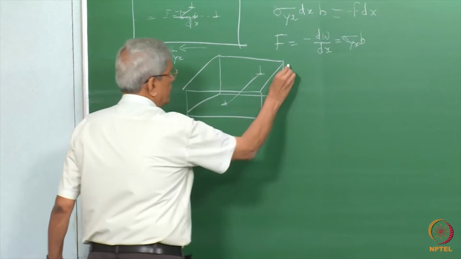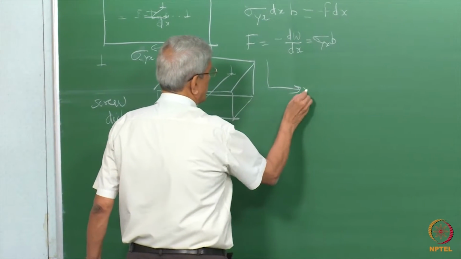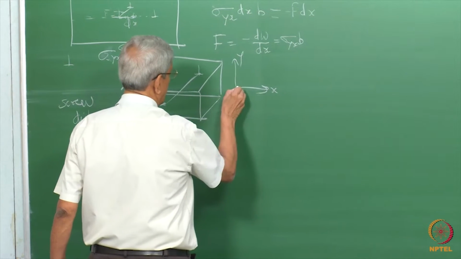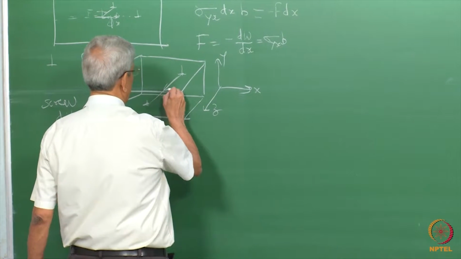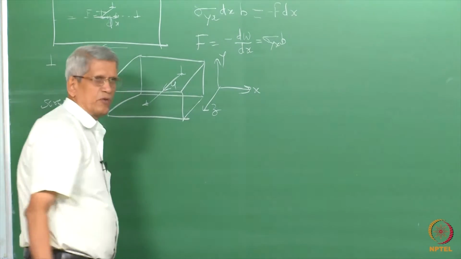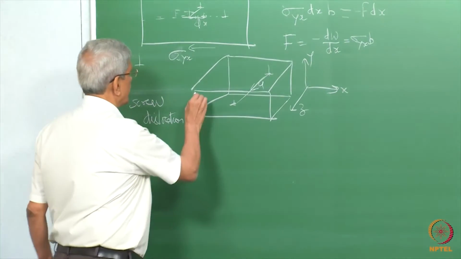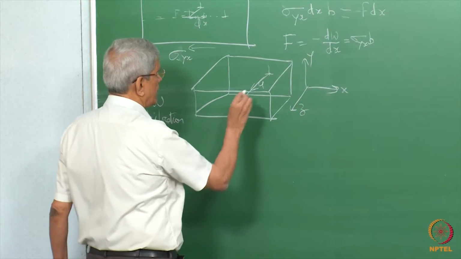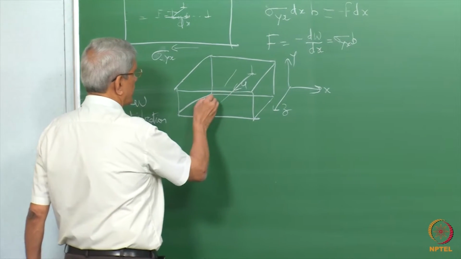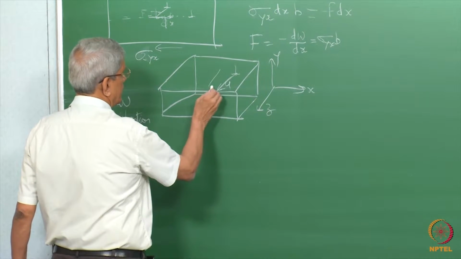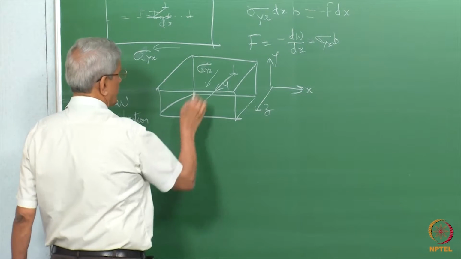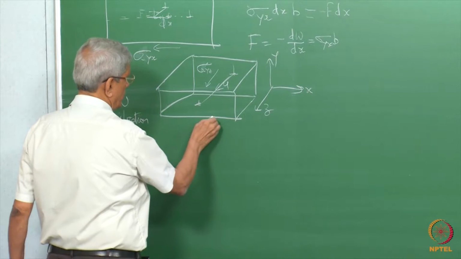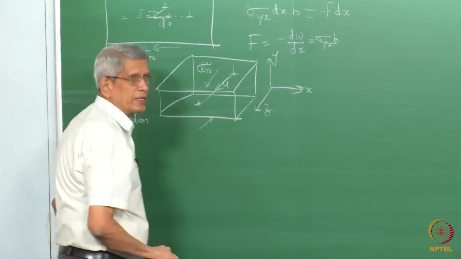The coordinate system which we are using is x, y, and z, with positive z direction. This is the direction u of the dislocation which we take. The stress can be applied in this direction, and on the negative side we will be applying it in the opposite direction.